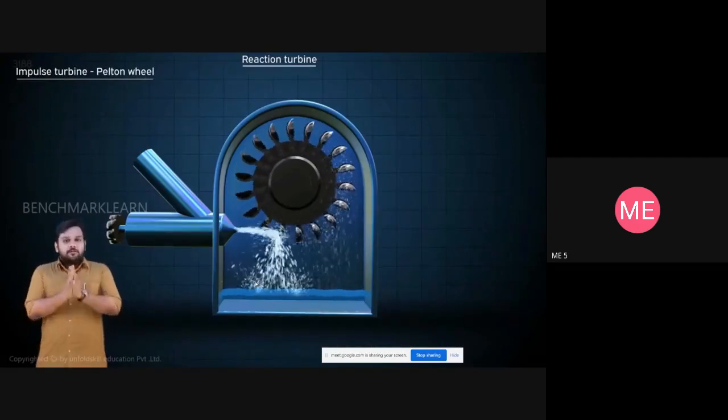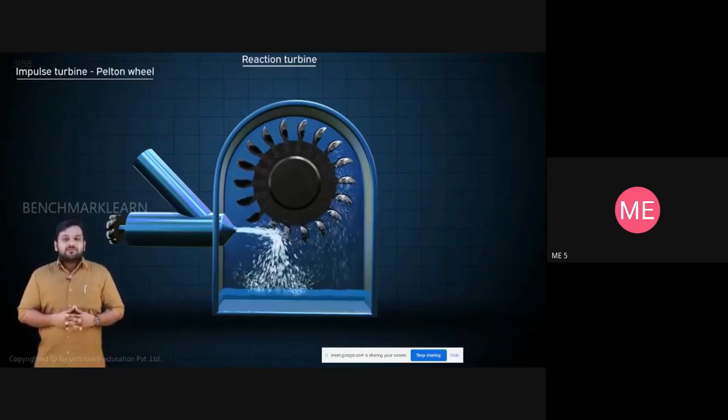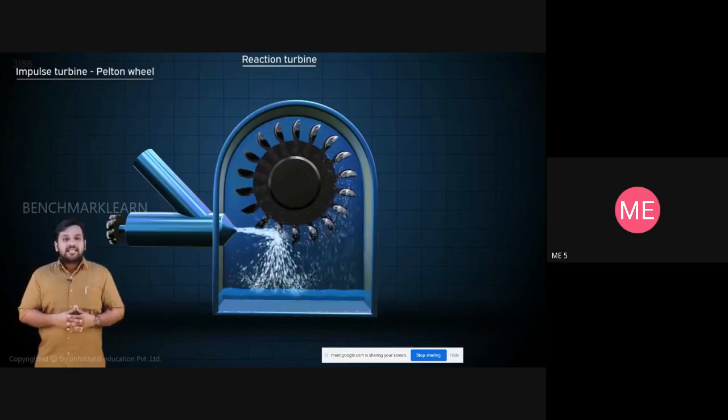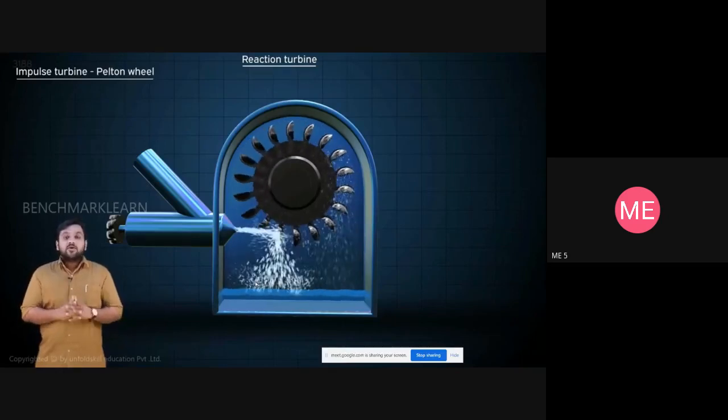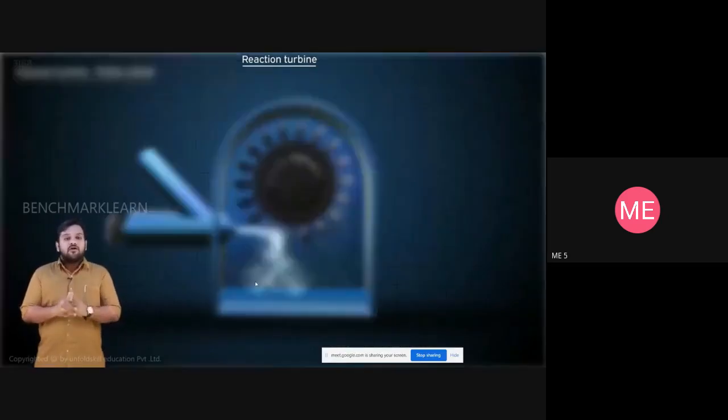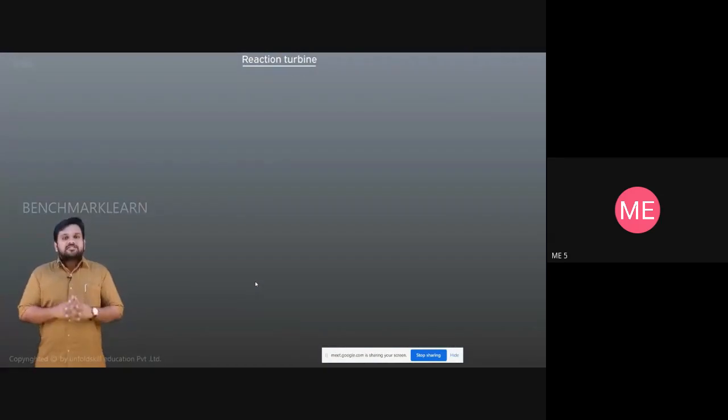It does not play a role in creating the force. So the casing in an impulse turbine is only to prevent splashing of water. The reaction turbine is used for medium head and discharge or low head and high discharge. The commonly used reaction turbines are the Francis turbine and the Kaplan turbine.